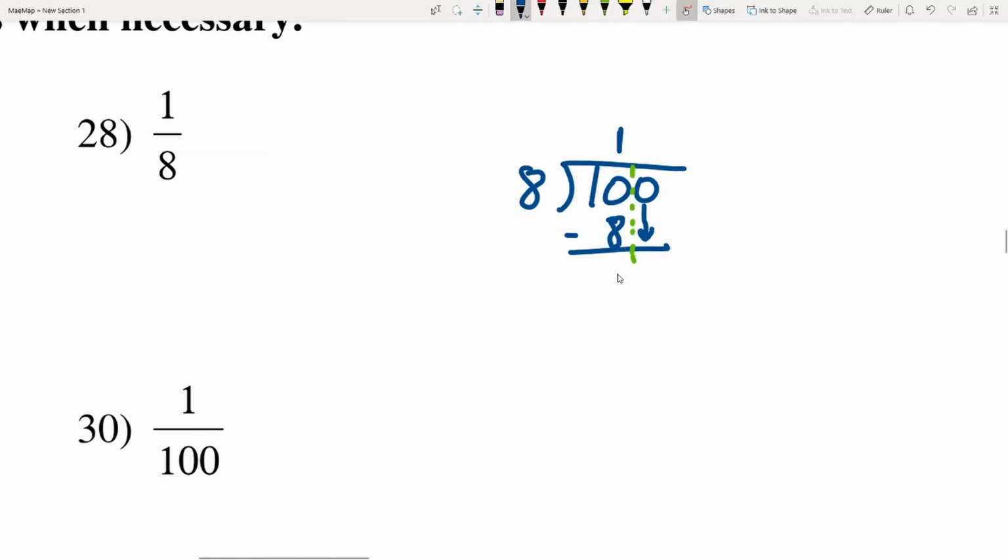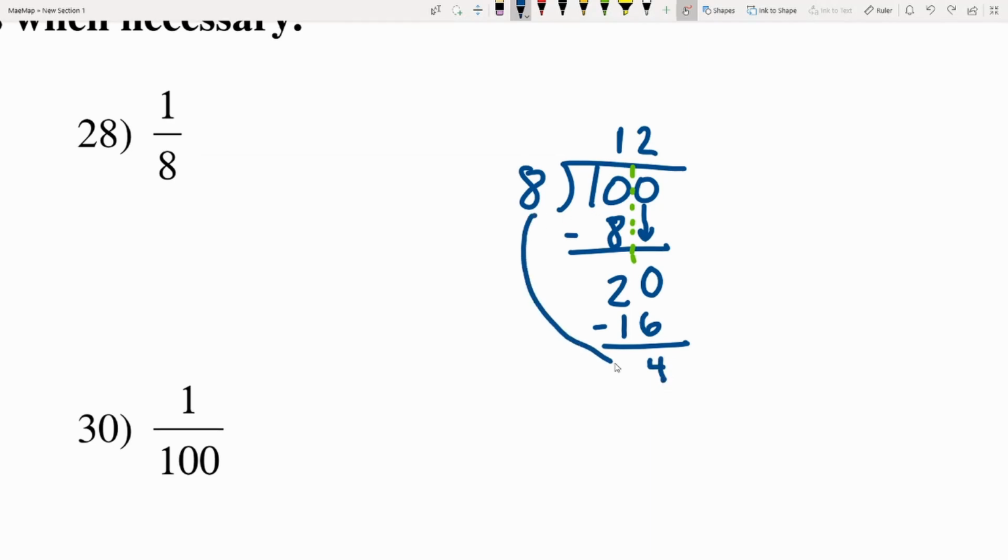So 10 minus 8 is 2, bring down that 0, 20. Or I can think about this as 100 minus 80. Now I need to see how many times 8 goes into 20. 8 goes into 20 2 times. 2 times 8 is 16. So now I'm going to subtract 16 from 20. 20 minus 16 leaves me with 4.